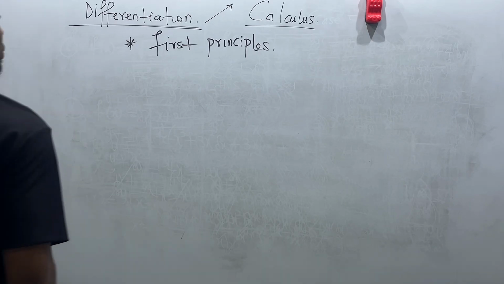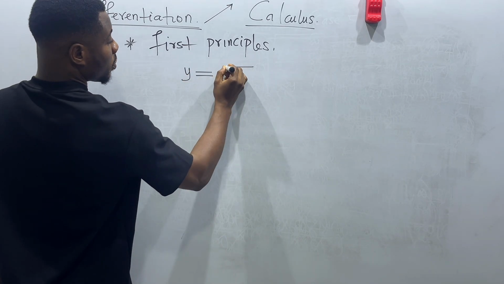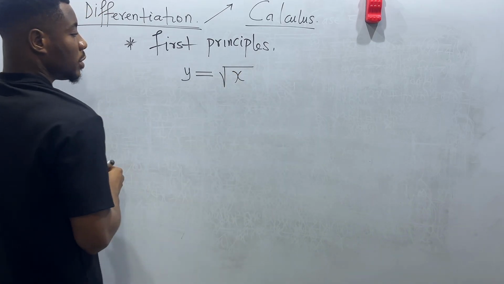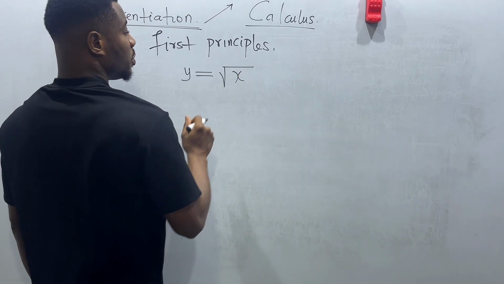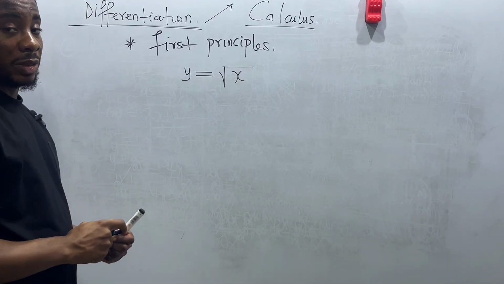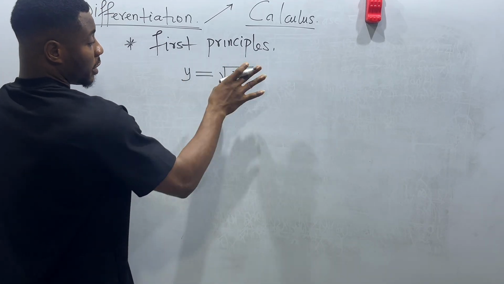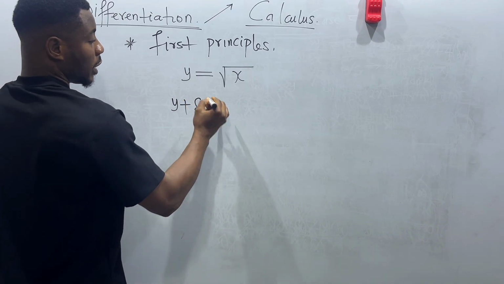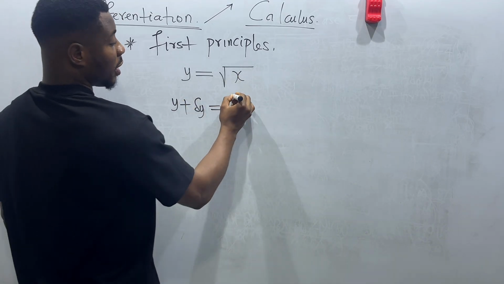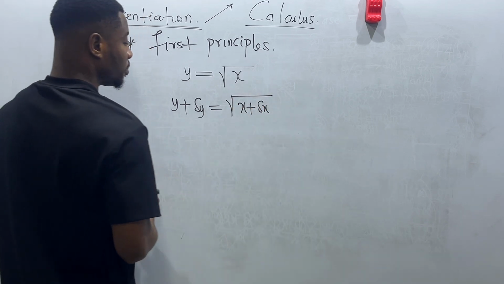Let's see what we have in this question. We are asked to differentiate y is equal to square root of x using first principles, okay? Now we'll do the same thing here. y increases by change in y, so we have y plus change in y. x also increases by change in x. So we have square root of x plus change in x, okay?